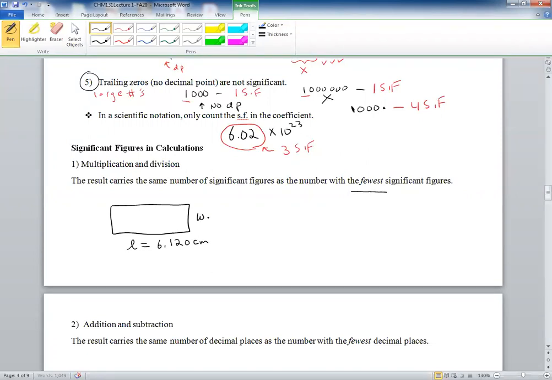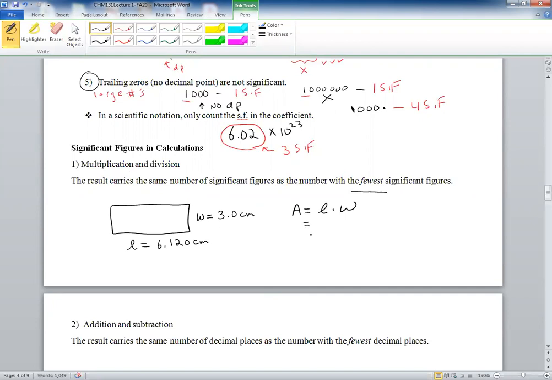And the width is 3.0 centimeters. So let's say you've got two people who measured the different dimensions. Well, we know that area is length times width. We're using this for an example.